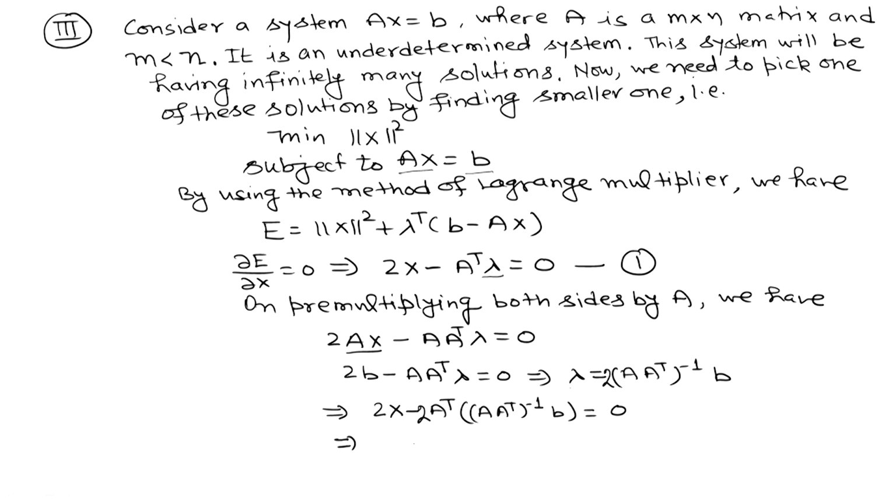So, it means x will become A transpose into A A transpose inverse into b. So, if I write this particular matrix as A plus, this will become A plus b.